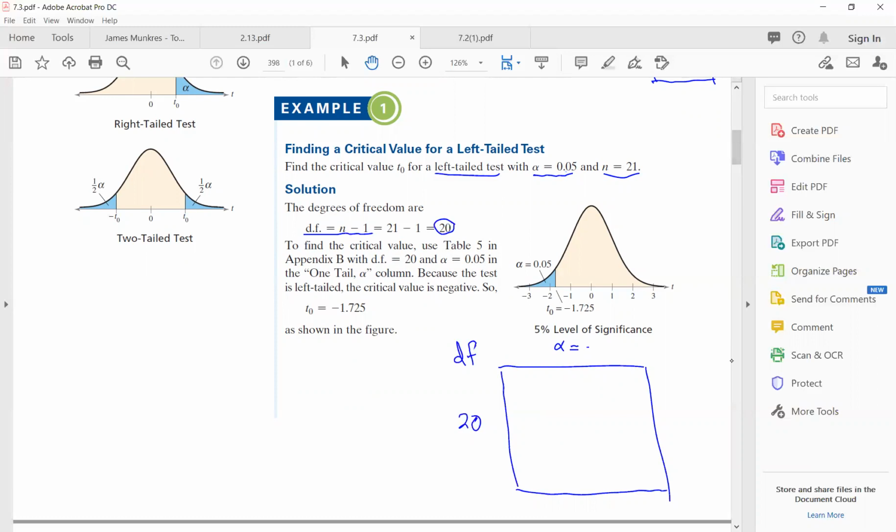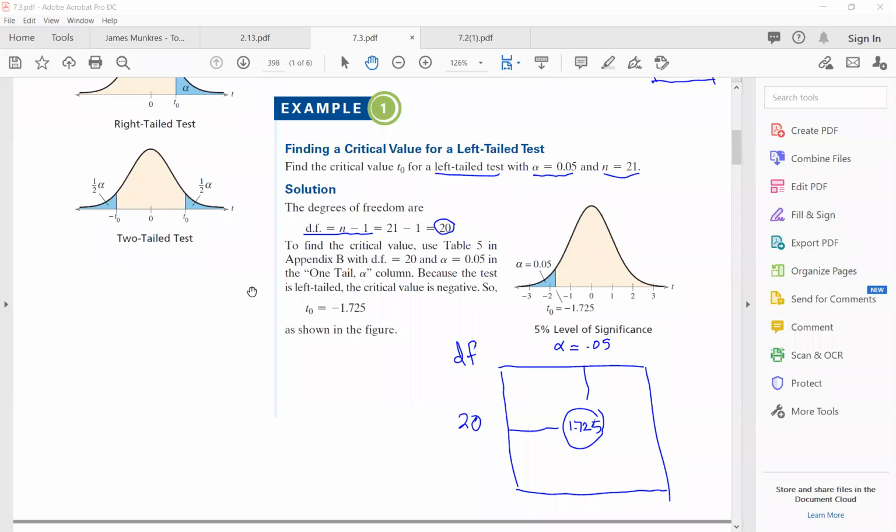Then the intersection between these two is going to be your critical value. That critical value is 1.725, and since you have a left-tailed graph, you have to put a negative sign in front of this critical value.